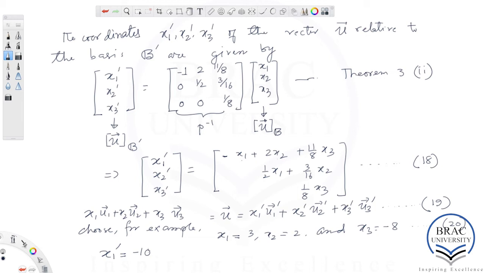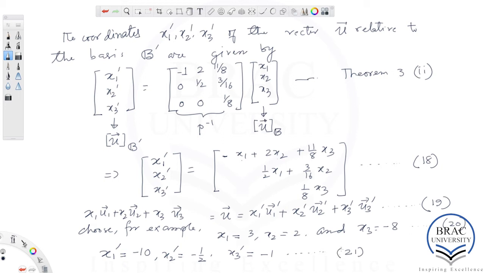Similarly you get x2 prime to be equal to minus 1/2, and x3 prime to be equal to minus 1. This is our equation number 21.